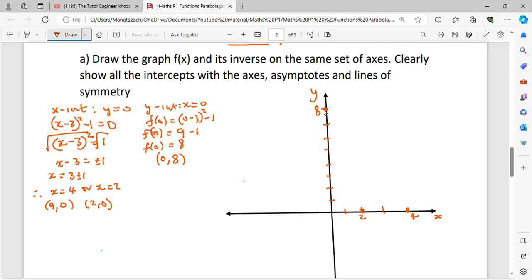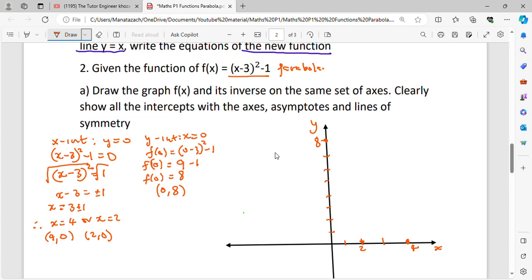And then when it comes to the turning point, remember our original equation for f is x minus 3 squared minus 1. You'll get the coordinates of the turning point from there.